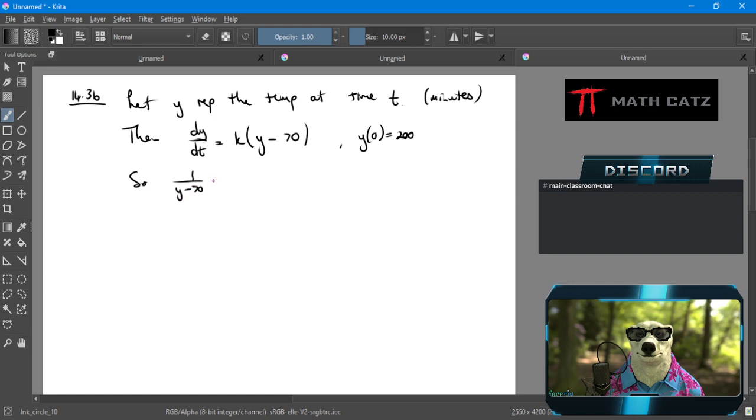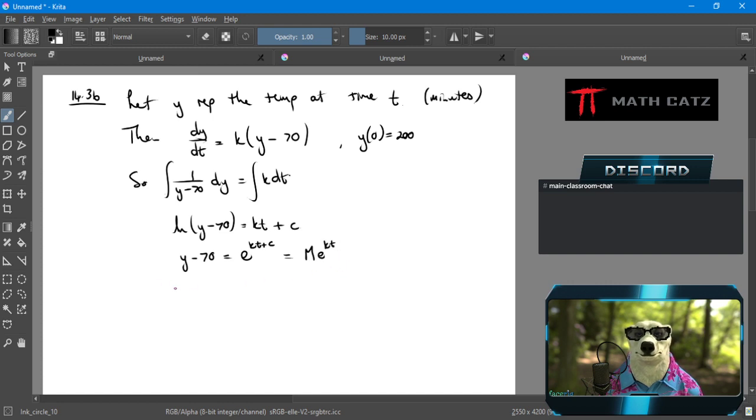It is identical to the previous one, which is perfect practice. Separate the variables, then antiderivatives, which are fairly straightforward by now, I would hope. kt plus integration constant. y minus 70 is therefore e to the kt plus c, rewritten to a nicer integration constant. I have my general solution or a version of it.